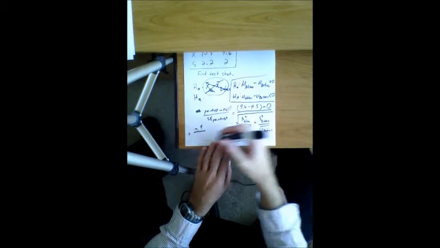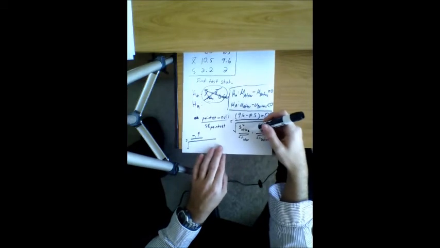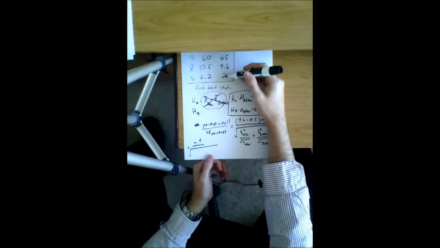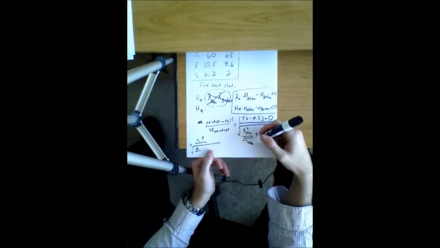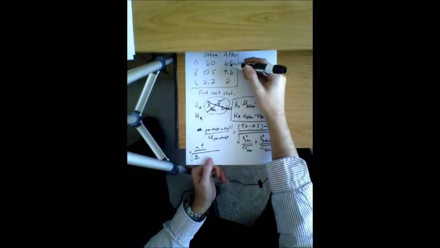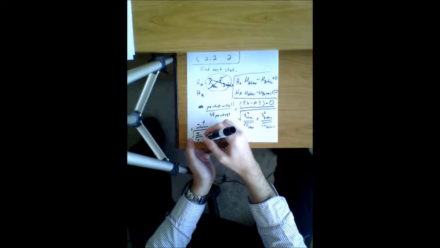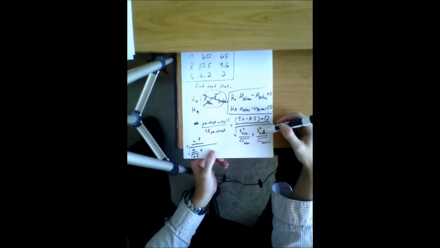And on the bottom, filling this stuff in, I have the square root of s squared after. This is going to be 2 squared. 2 squared gives us 4, all over the square root of n, the square root of 65, plus s squared before. We have 2.2.